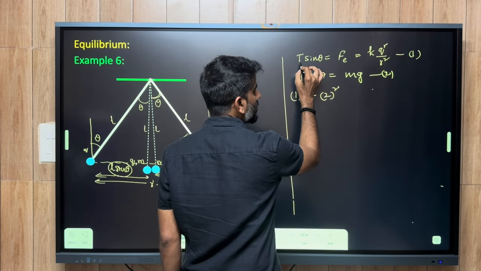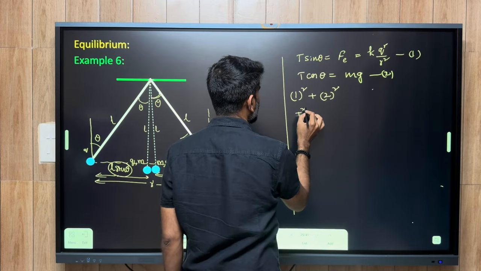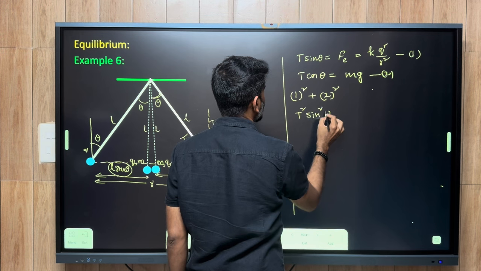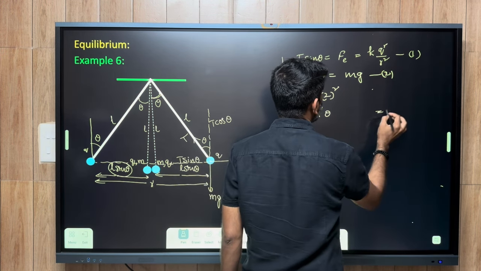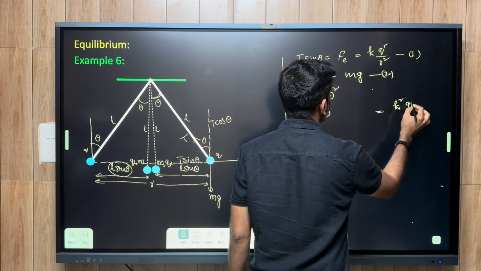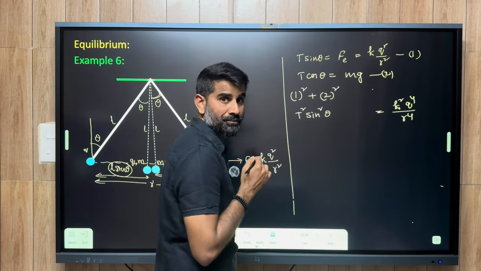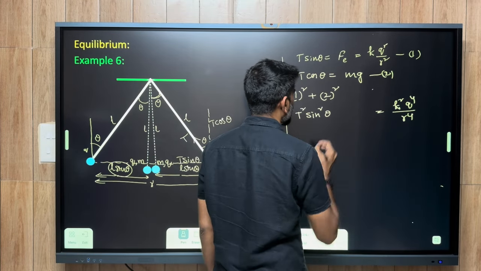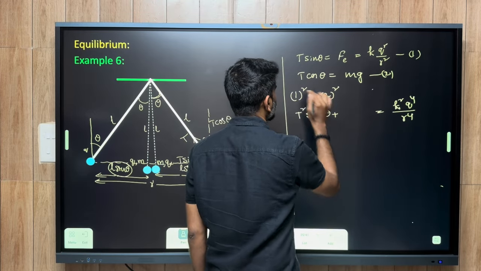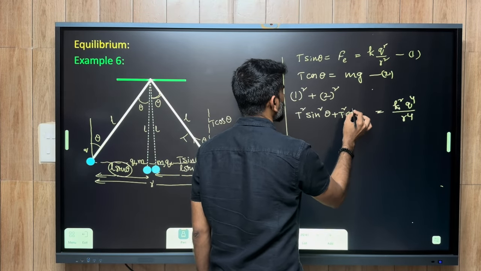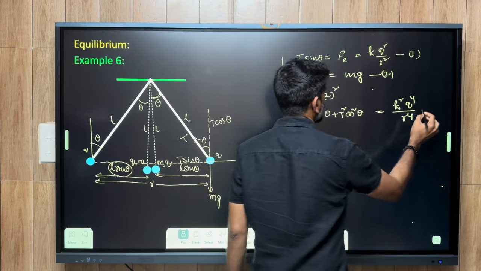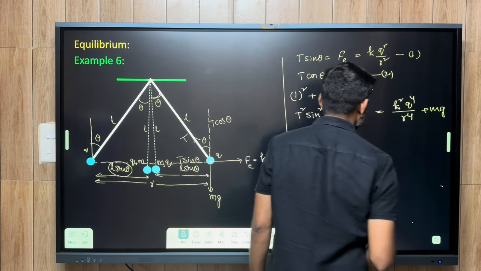Equation 1 squared gives T square sine square theta is equal to k square q to the power 4 by r to the power 4. Plus equation 2 squared, that means T square cos square theta is equal to mg whole square.